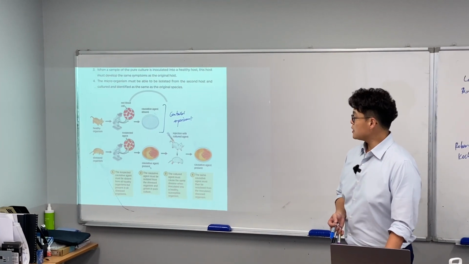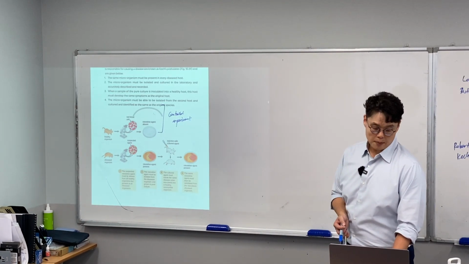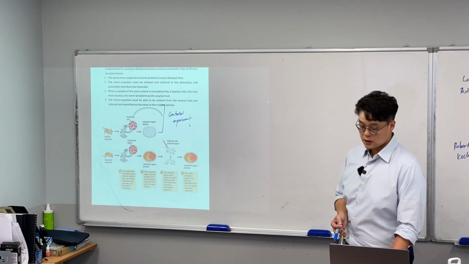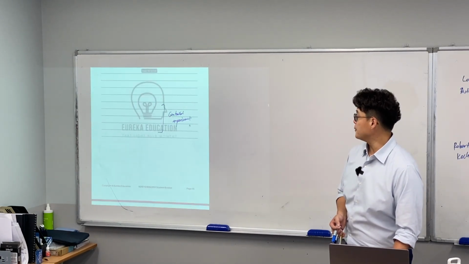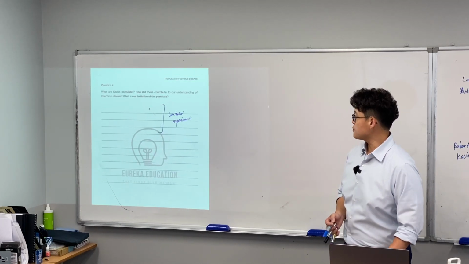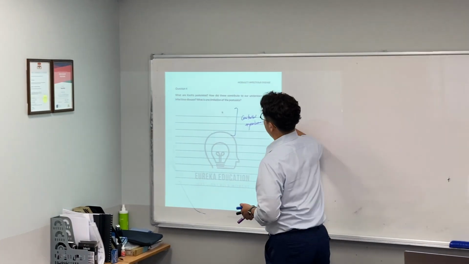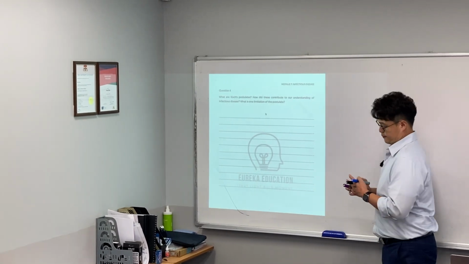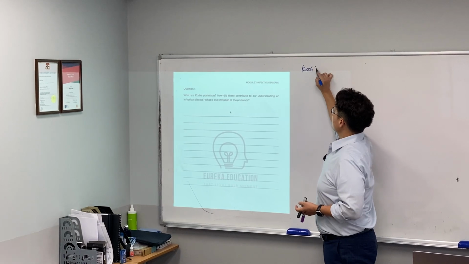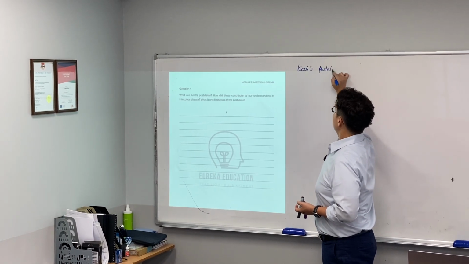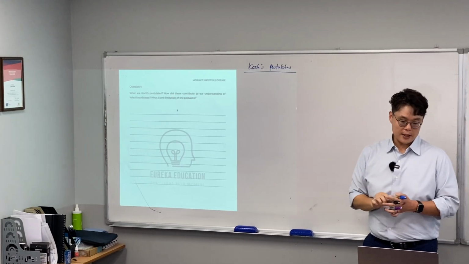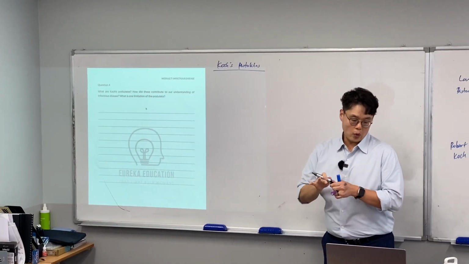So based on these experiments, Koch's experiment, he was able to postulate the four very important points. So this is going on your question 4, please. Page 47. Let's talk about Koch's postulates in summary, also known as Koch's postulates. Under this title, he had four points.